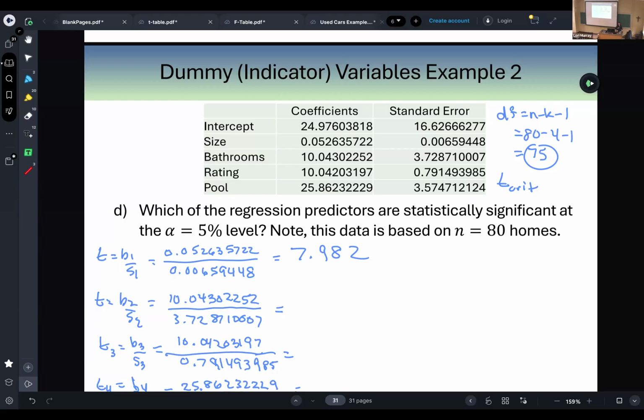Yep. 693? I get 2.652, but I'll do it one more time. It's close. It's quite possible I entered something in. 252, 3.72871. No, you're right. I was wrong. 2.693. Perfect.